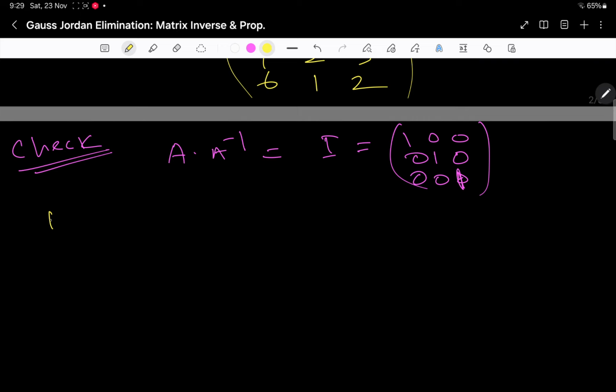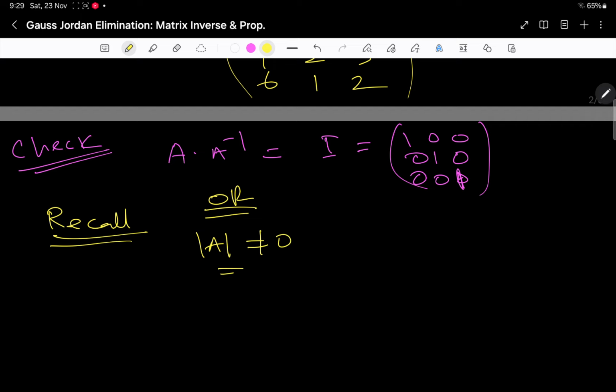Alternatively, if I recall your higher secondary methods, you find the determinant of A; if it is not equal to 0, it means A inverse exists.